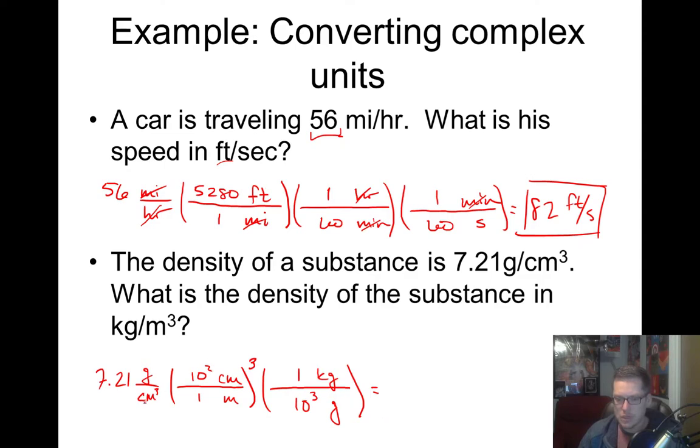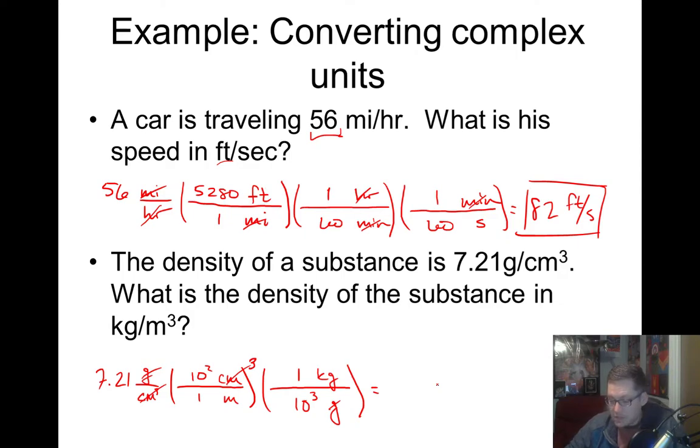Let's double check our units. Centimeters cubed will cancel with centimeters cubed, and we'll be left with meters cubed on the bottom. Grams will cancel with grams, and we'll be left with kilograms. When you plug this into your calculator, it's 7.21 times 10 squared to the third divided by 10 to the third.